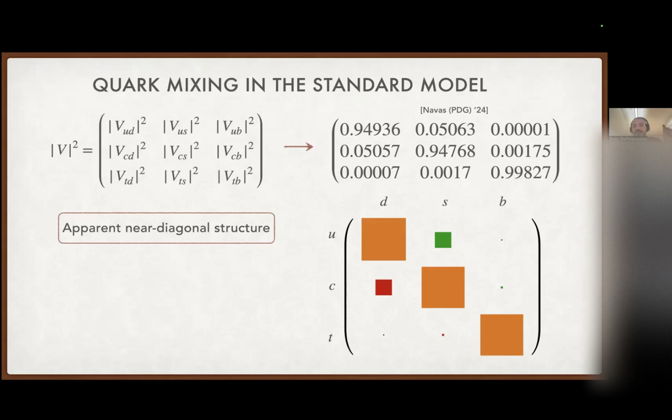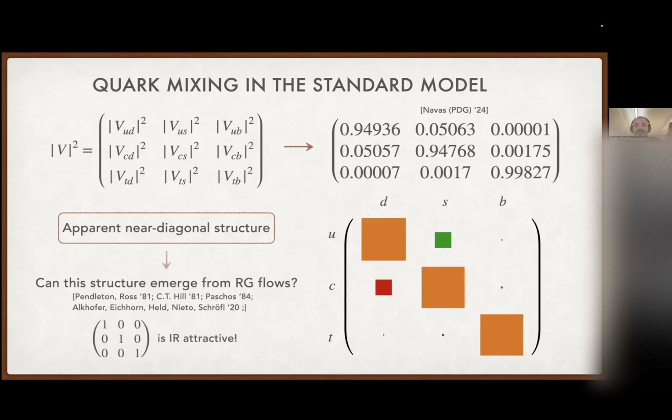So the precise question that we wanted to ask is, can this structure emerge from some RG flow? And we are not, of course, the first to ask this question. This was already thought about in the 80s, where people realized that in specific types of limits, you can have this diagonal configuration be infrared attractive in RG flows.